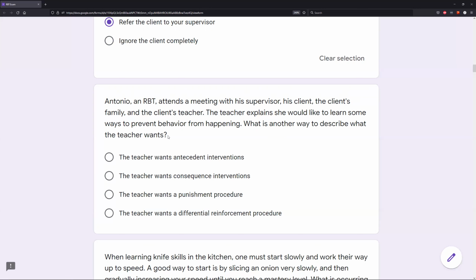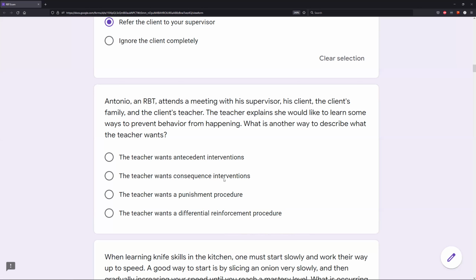So let's identify what the teacher wants. The teacher wants to learn some ways to prevent behavior from happening. What is another way to describe ways to prevent behavior from happening? Are these antecedent interventions, consequence interventions, punishment procedures, or differential reinforcement procedures? Well, what do we know about punishment?